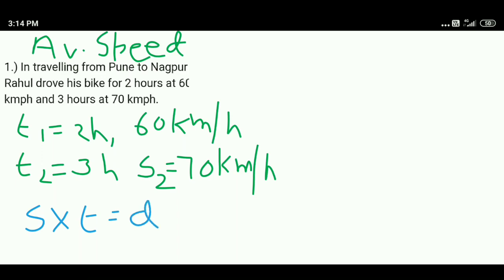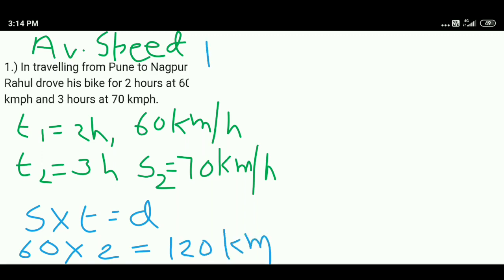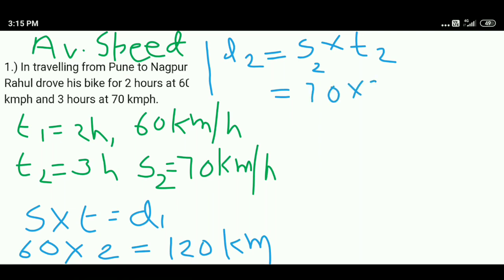The first distance is 60 multiplied by time, that will be 120 kilometer. Now again, second distance D2 is S2 into T2. What is the second speed? 70 km per hour into 3 hours. It will become 210 kilometer.